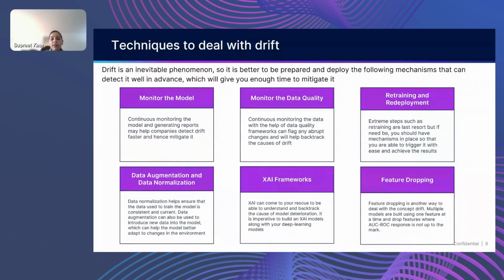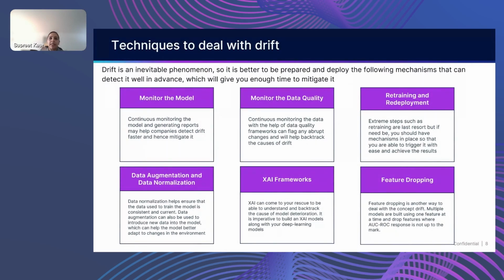There are tools, and even if your model is in production, there are ways you can put an alarm so that if your model deteriorates below a certain benchmark, it alerts you. Then you know that model performance has deteriorated, and you have enough time to mitigate it.